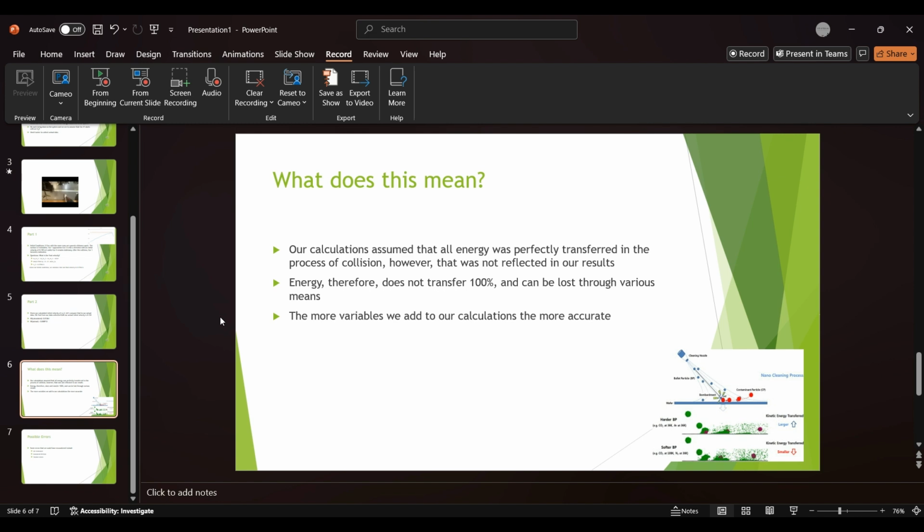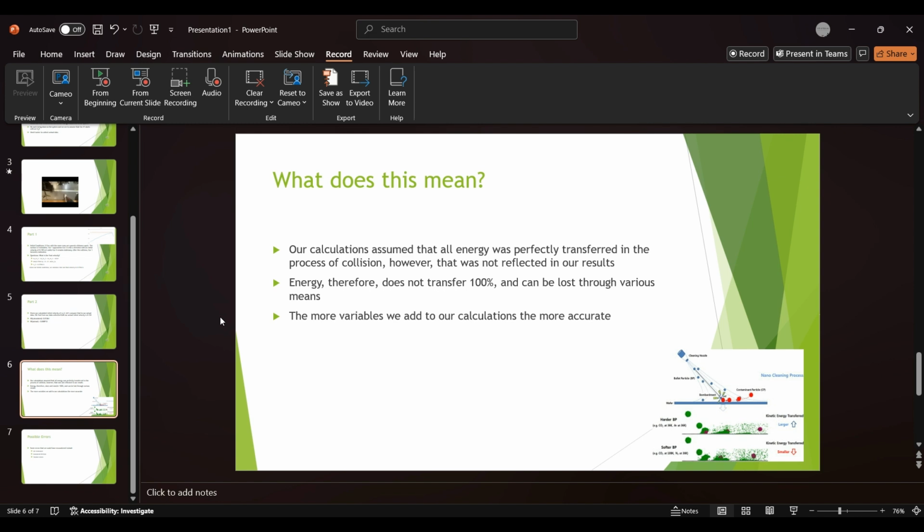Well, that means that our calculations assume that all energy was perfectly transferred in the process of the collision. However, that is not the reality in most cases, because as collisions happen in the real world, kinetic energy is not the only thing being transferred. There are also things like sound, all these different factors that you have to consider.